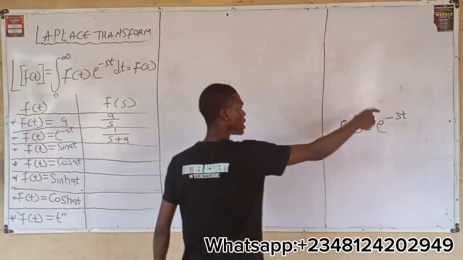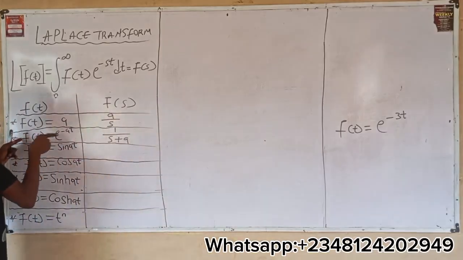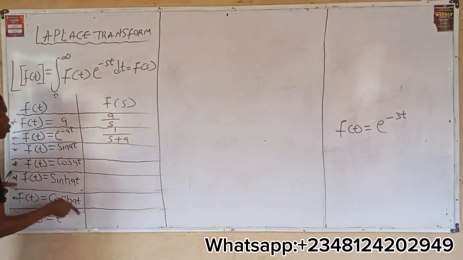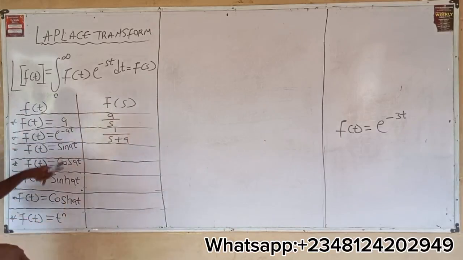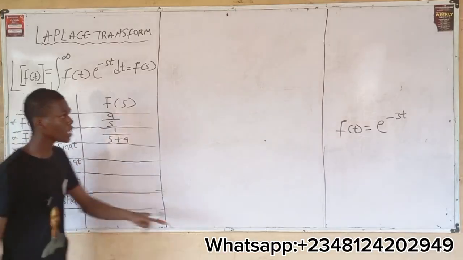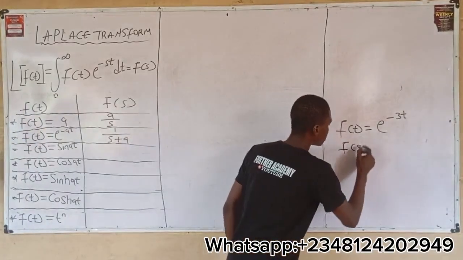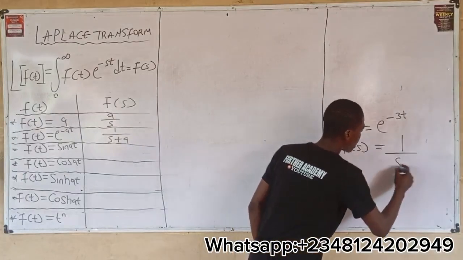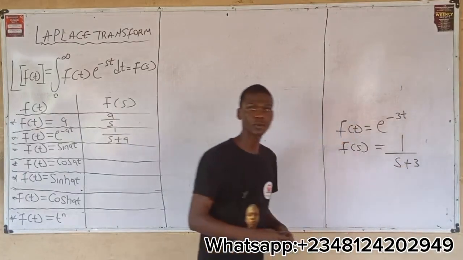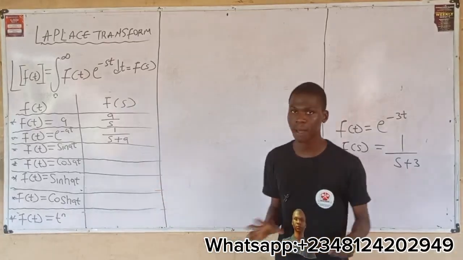You can compare this function to the table, f of t is equal to exponential negative at. The Laplace transform of this, f of x, becomes 1 over x plus 3. We've seen how this works, so that is the whole idea of Laplace.